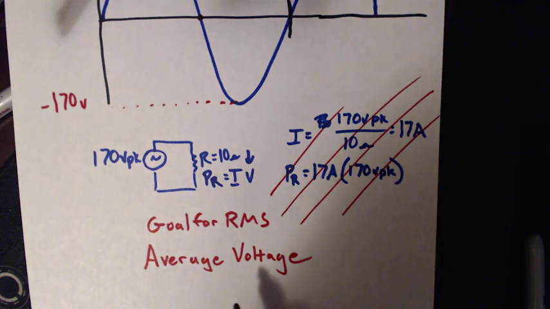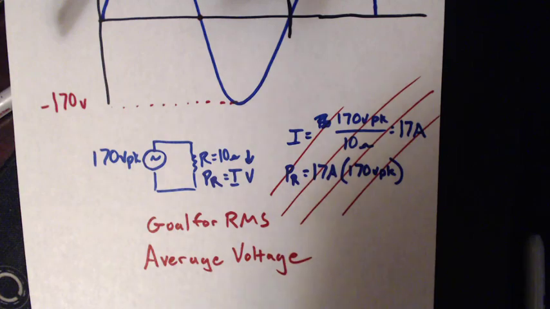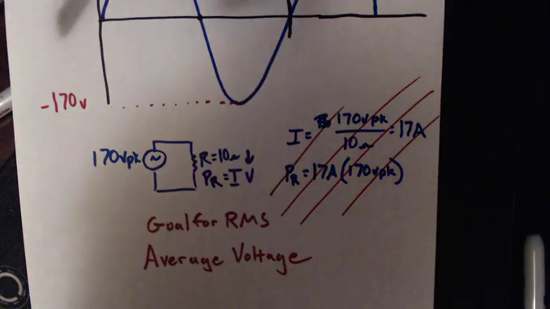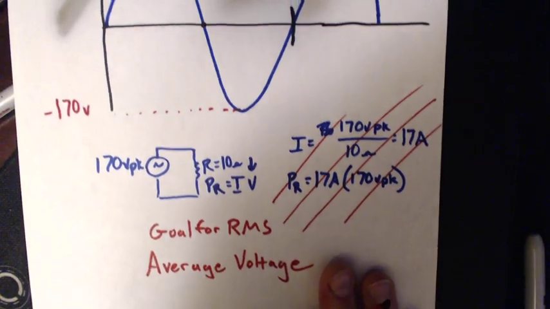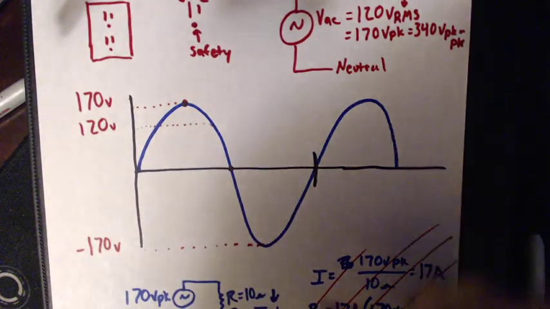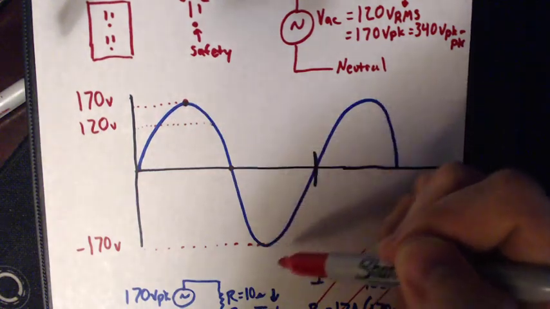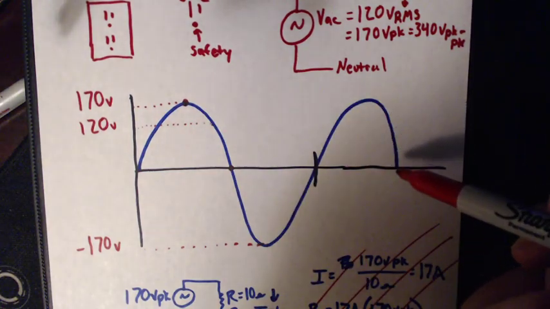Something that we can use to get Ohm's law and our power equation back. Here's the problem. I should say another problem. It's a problem on top of another problem. If I average this, what is my average value?